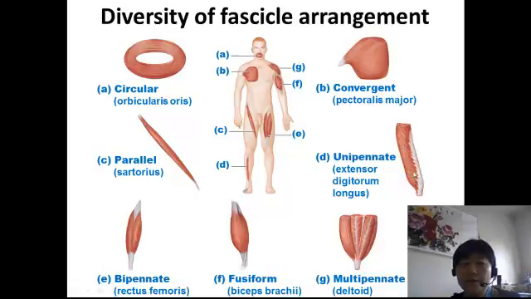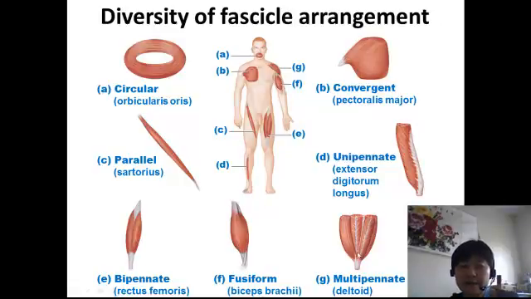This one occurs in the leg here, and then we also have the bipennate, which occurs in the legs as well. The F type is fusiform, which is bulging, and this one occurs nicely in the biceps.